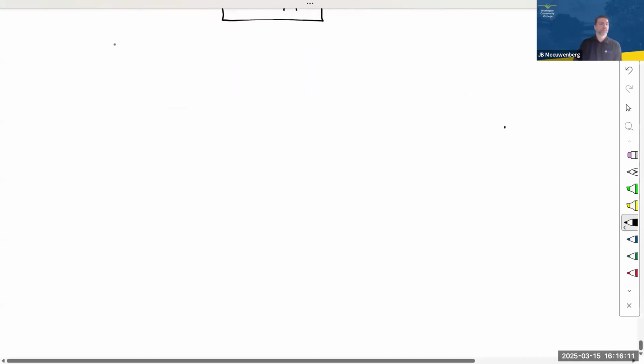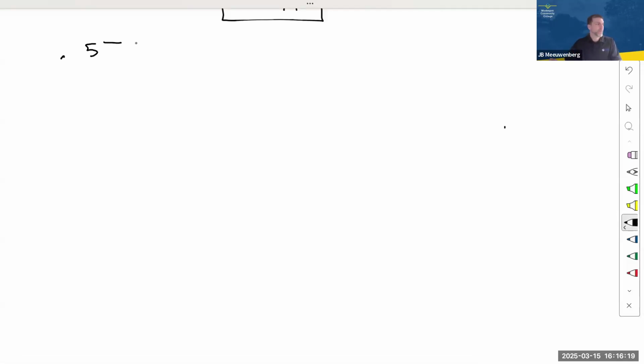So let's try it with 0.7 repeating. If we let n equal 0.7 repeating, which is equal to 0.777, and on and on and on, this time we're going to just multiply n by 10.